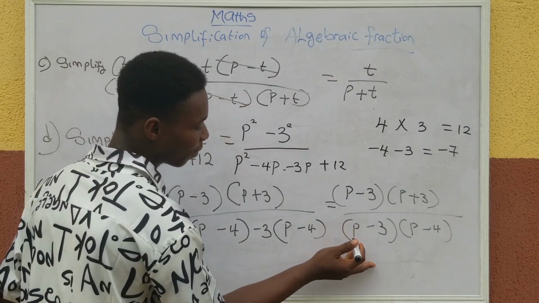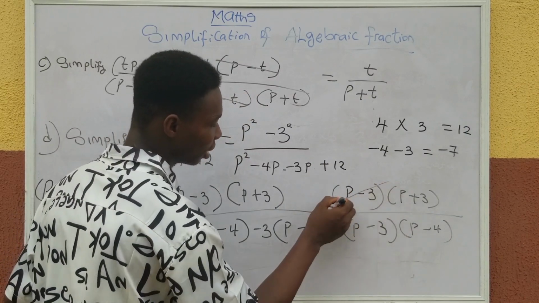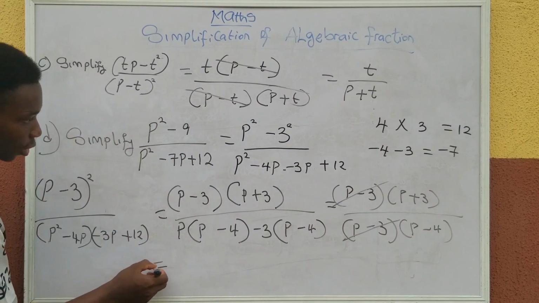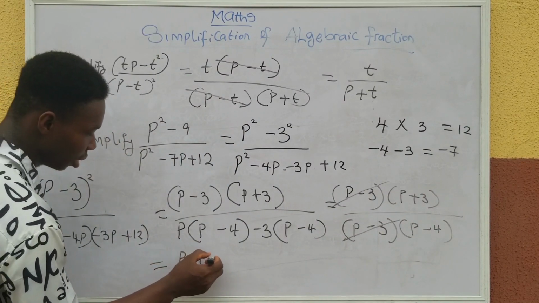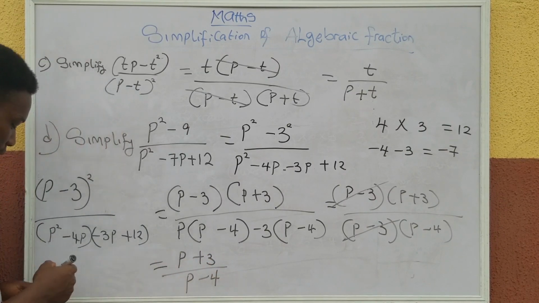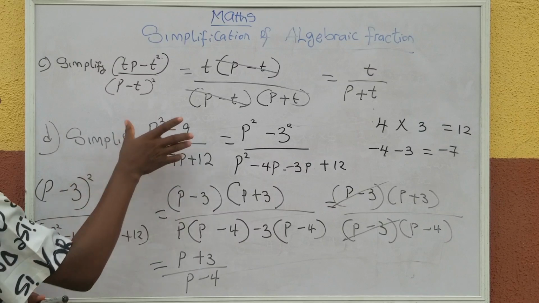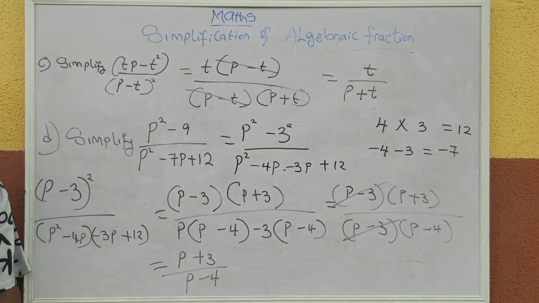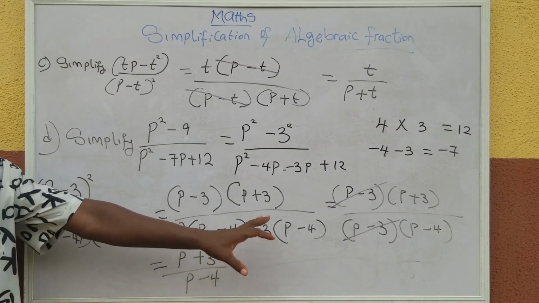Now from here, you have this here, you have this here. They cancel out themselves, so our final answer is p plus 3 all over p minus 4. This is how algebraic fractions involving quadratic equations, differences of 2 squared, and factorization are solved in a simple way.